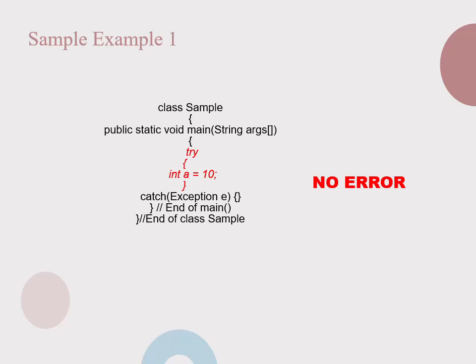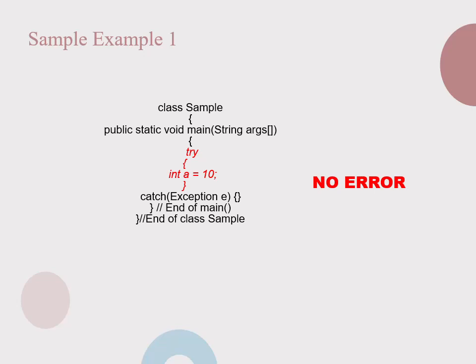Normal exceptions such as input output exceptions, arithmetic exceptions, null pointer exceptions, index out of bounds exceptions, and other exceptions can be handled by the Exception subclass of the Throwable class. And errors such as stack overflow error, out of memory error, and these kinds of errors can be handled by the Error subclass of the Throwable class.